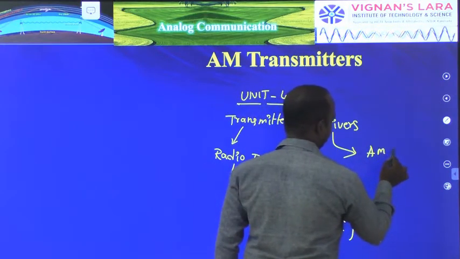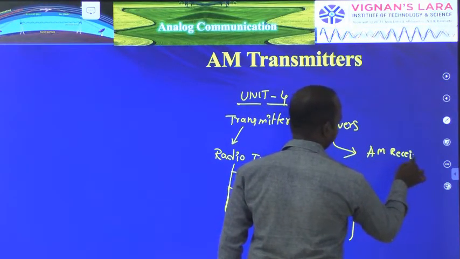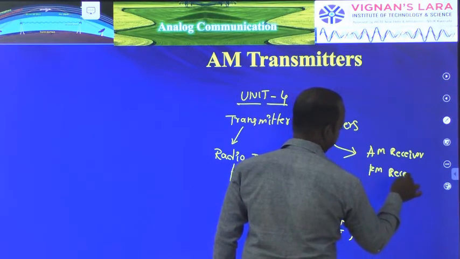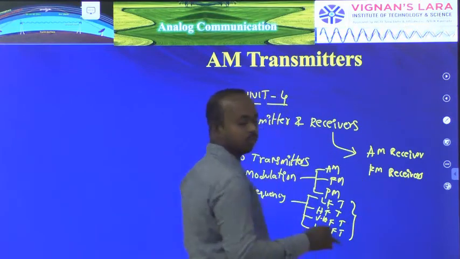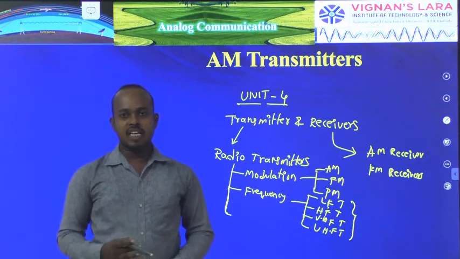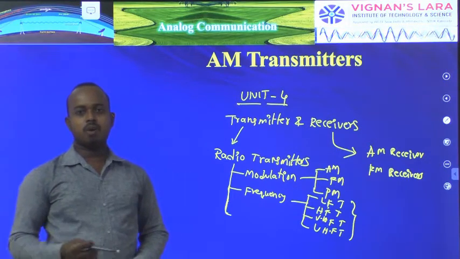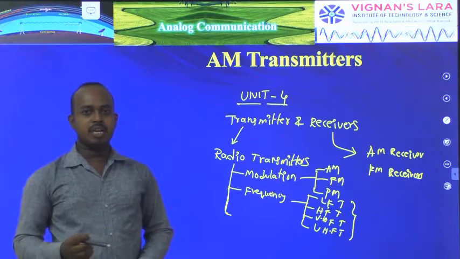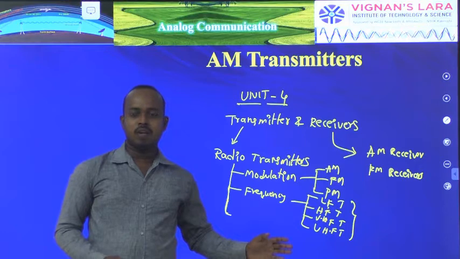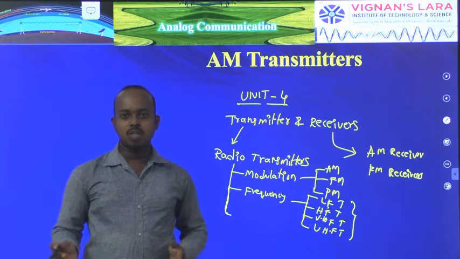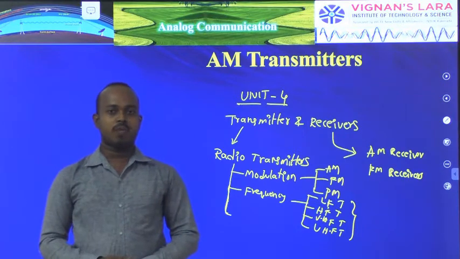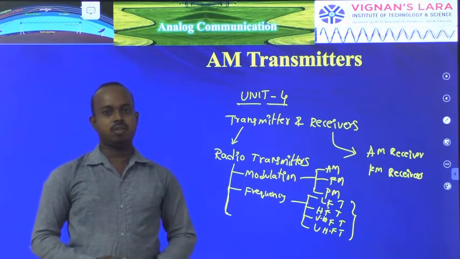We will discuss what fundamental blocks exist in AM receivers, as well as what fundamental blocks exist in FM receivers, and we will also see the differences between AM receivers and FM receivers in this unit.